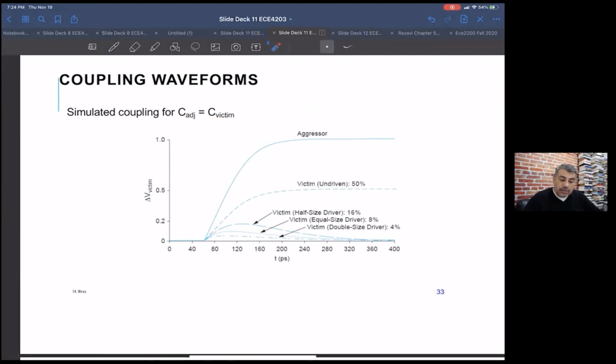Then the victim might actually go all the way up to 50% and stay there because there's nothing pulling that back to ground. But if the victim has a driver driving it, depending on the strength of the driver, it can take that glitch and dampen it, so you stay hopefully well within your noise margin, and then it's going to bring that line back to what it should be.